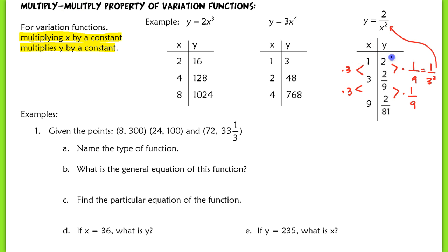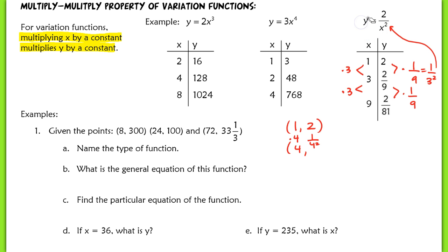So let's say I take our original point, 1, 2, but instead of tripling it, this time I'm going to quadruple the x value. Now if I'm multiplying the x value by a factor of 4, that means the y value is going to decrease by a factor of 1 over 4 squared, because of my original function here.